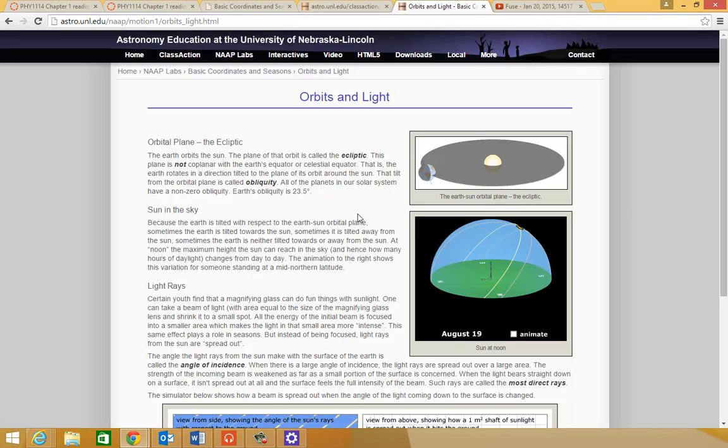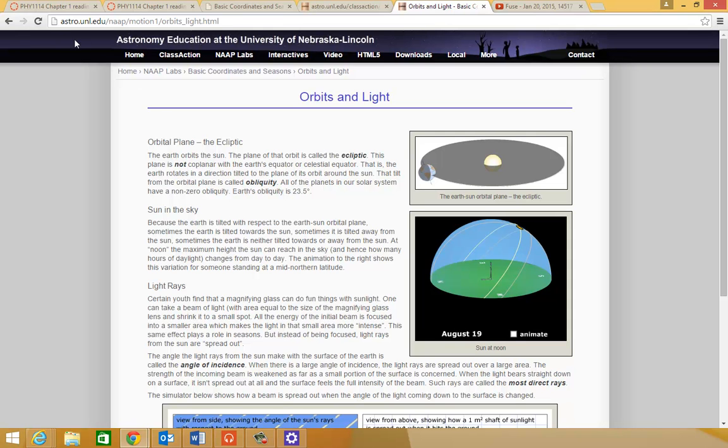Number 15, again, my suggestion is go to the Seasons and Ecliptic Simulator and ask about why the value of 23.5 is so significant. So think about all the ways that that 23.5 shows up in the celestial sphere. Number 16 asks about the vernal equinox. And finally, number 17 asks about the ecliptic.